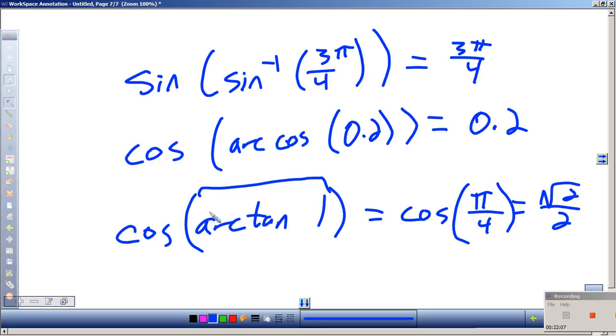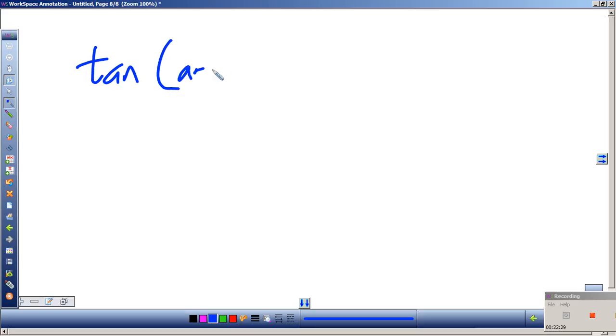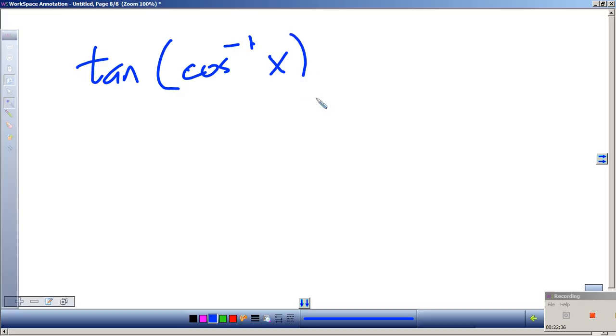Now, the more challenging section. These ones you may need to draw a triangle for. The tangent of the inverse cosine of x. Now I want an algebraic expression. What I would suggest when you're doing this is draw your triangle.